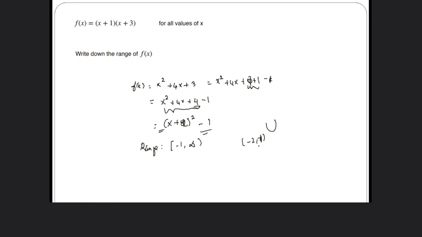So what would be the range? Is this the maximum value or minimum value? Here the coefficient is positive, so the parabola opens upwards. So minus 1 should be the minimum value, and all the values above it should be in the range.